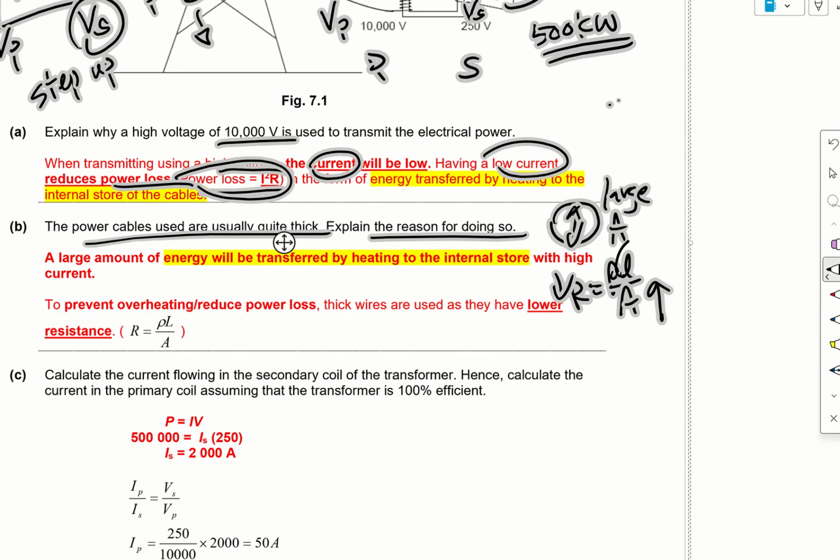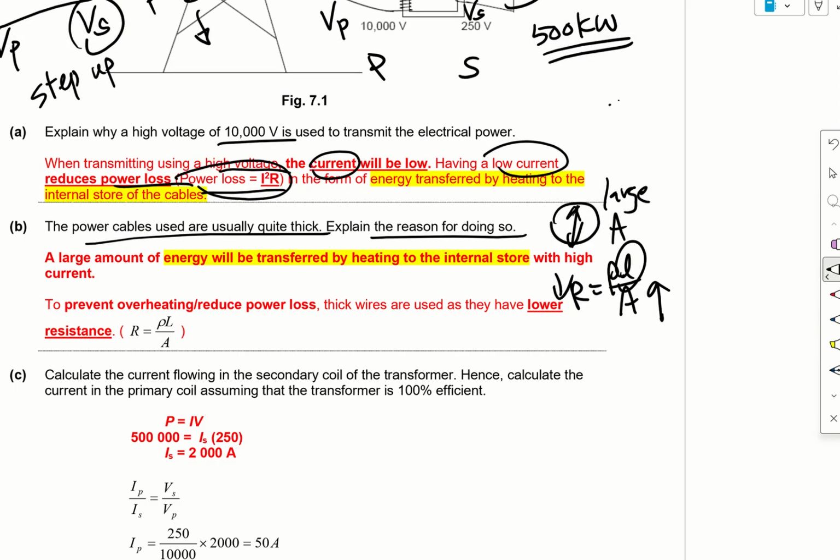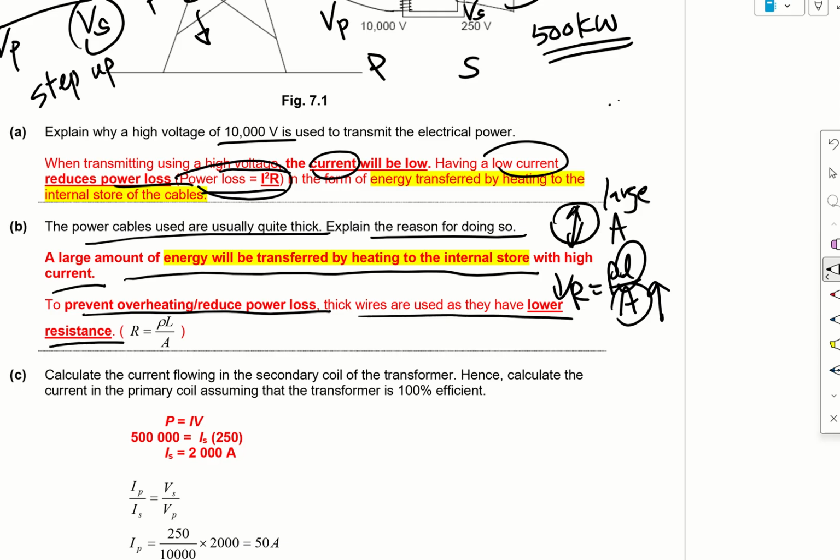Imagine the cable goes from the power station all the way to the village, many kilometres away, so the length will be very long. So I can reduce the resistance of the wire by having a thicker wire. Otherwise a large amount of energy will be transferred by heating to the internal store with high current. To prevent overheating and reduce power loss, thick wires are used as they have low resistance.